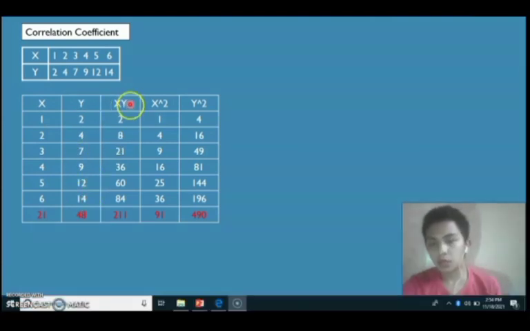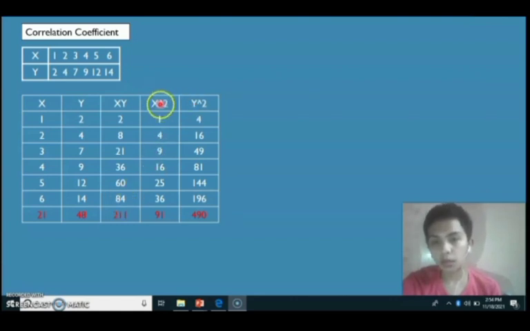We have here the xy, which we are going to get by multiplying the x value by the y value. 1 multiplied by 2 equals 2. 2 multiplied by 4, 8. 3 multiplied by 7, 21. 4 multiplied by 9, 36. 5 multiplied by 12, 60. 6 multiplied by 14, 84.